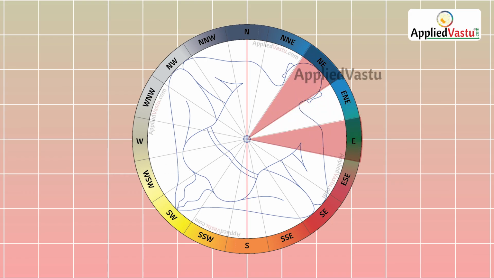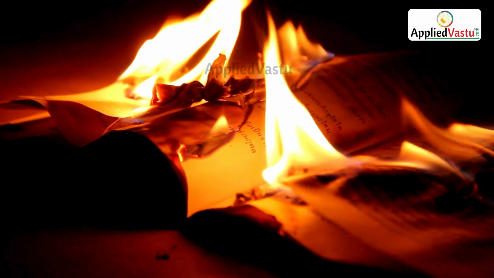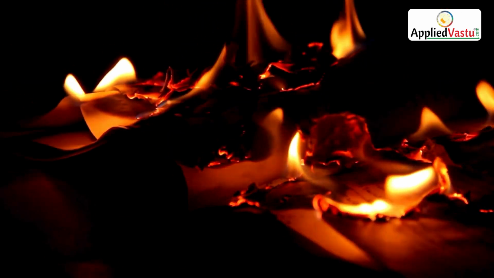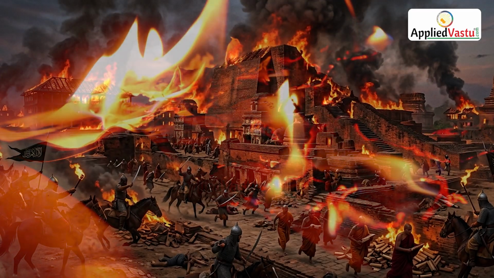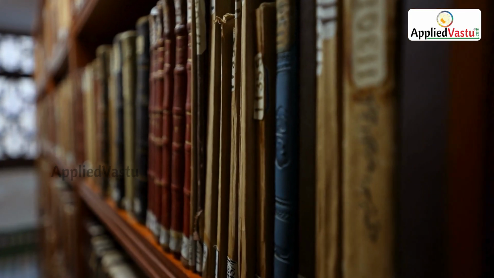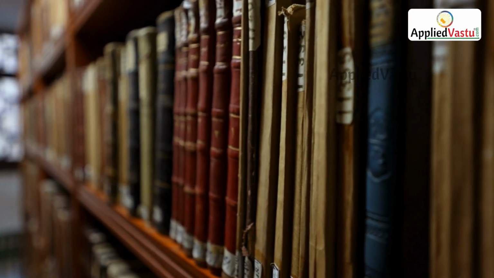directions. Historically, many ancient Indian scriptures and knowledge systems suffered destruction during foreign invasions, including the burning of large libraries such as Nalanda Vishwavidyalaya. As a result, many traditional texts available today are incomplete or fragmented.